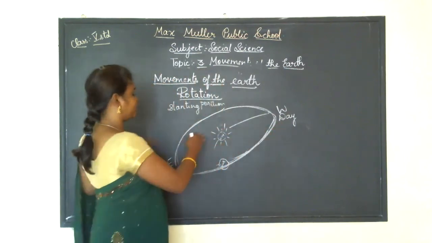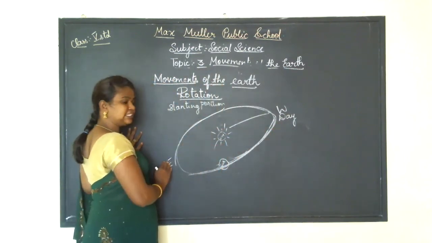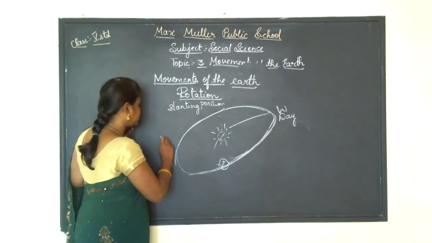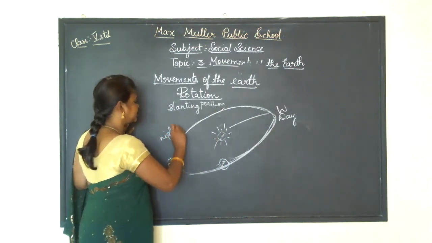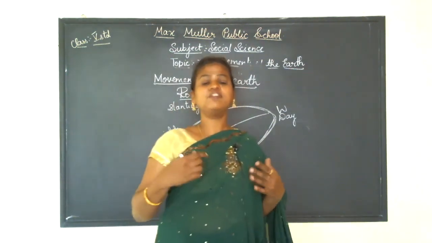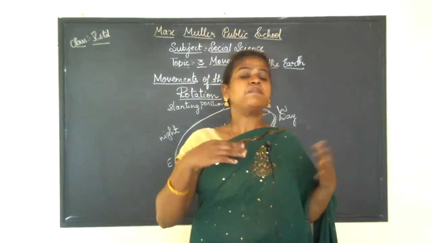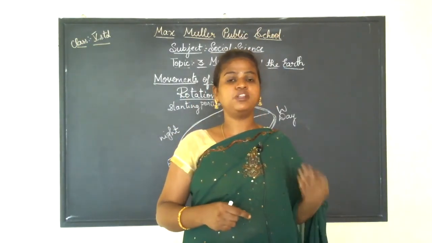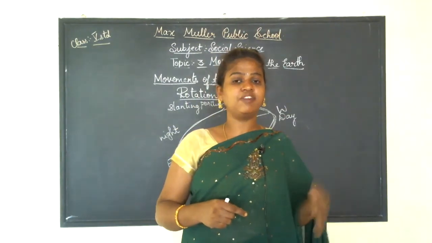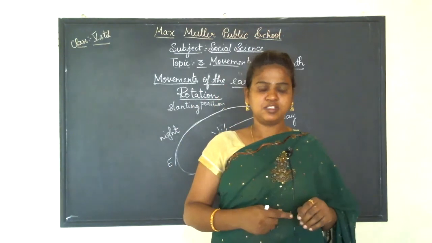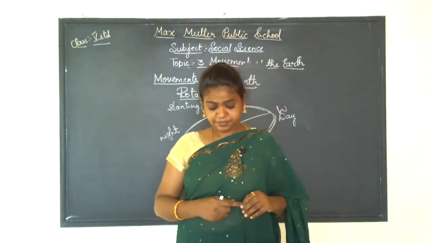Whereas in the east side, when the sun is far away from the east side, it causes night. Wherever the sun falls on the earth, it will be facing day. And whereas when the earth is away from the sun, it causes night. Got it, children?